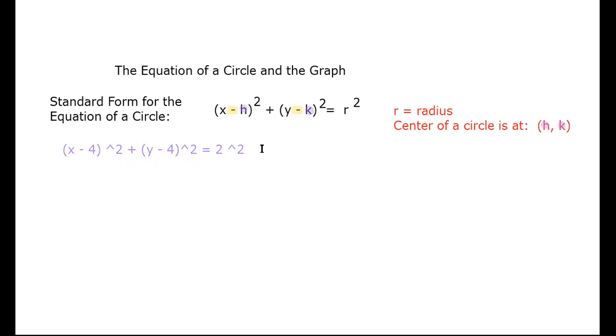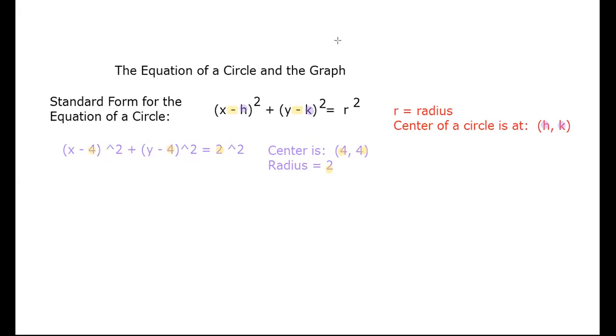So your center is at (4, 4), and the radius is 2, because it's r squared, which is 2 squared. So here's my h, k, and r. You have to know that (h, k) is the center. That's a new term in this one.